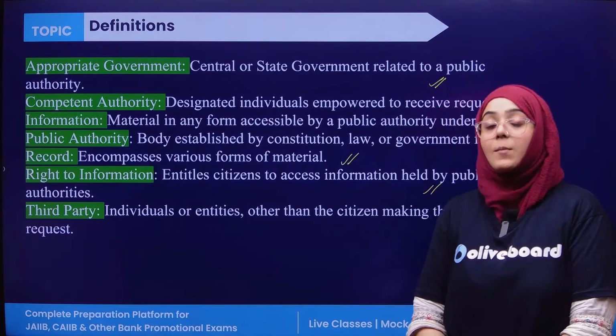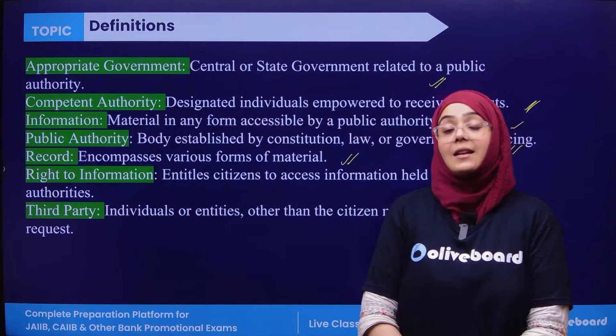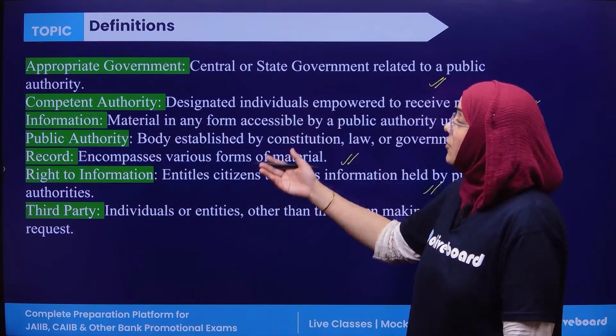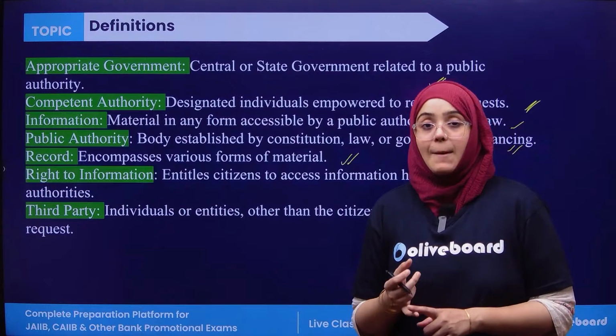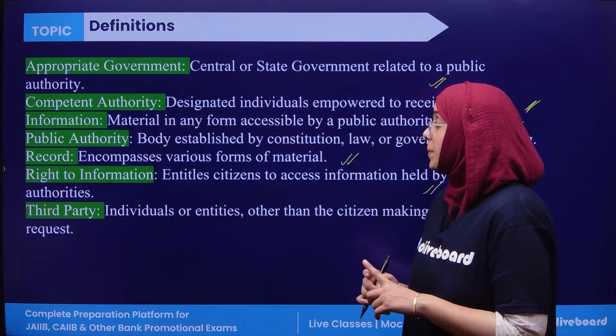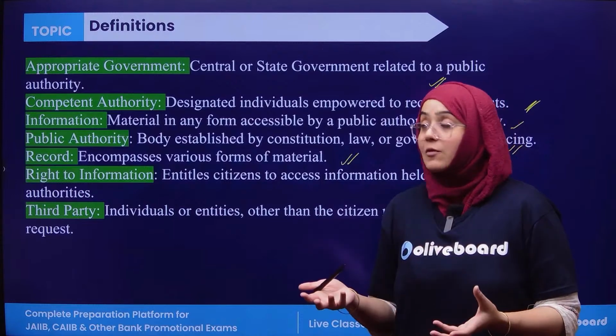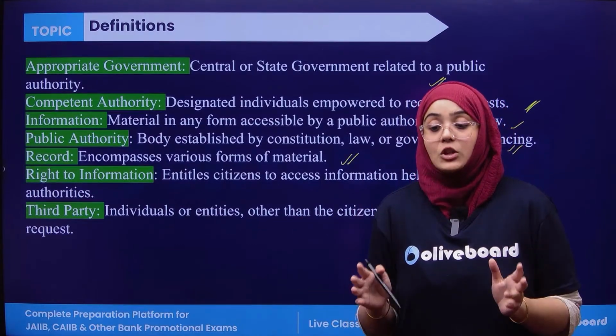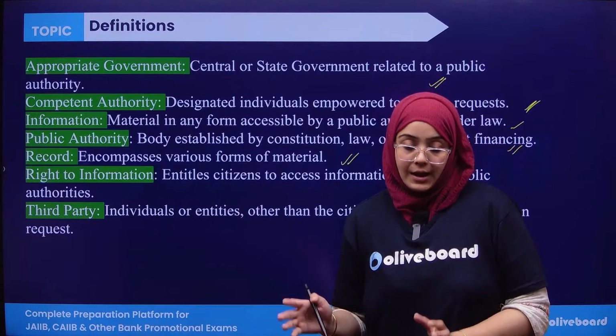So these are the different parties involved in the Right to Information. The act has different definitions: an appropriate government, information, public authority, record, right to information, and the appropriate government under which it is working. Clear?